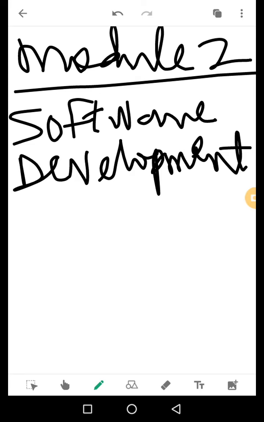Implementation or coding of the software. So when we say implementation now, design has been gotten. That is how the software project will be. This is how the data will be arranged. This is the output. This is how it will be. The interface, this is how it will be. All those ones have been done in the design stage.